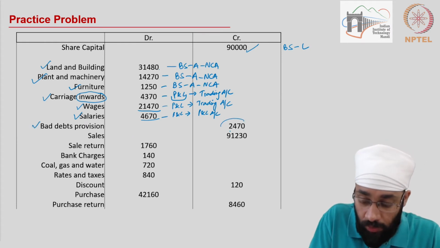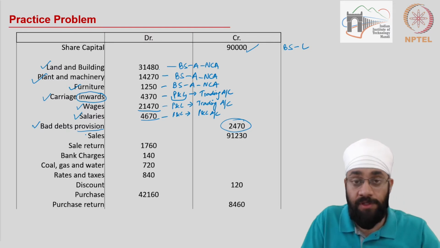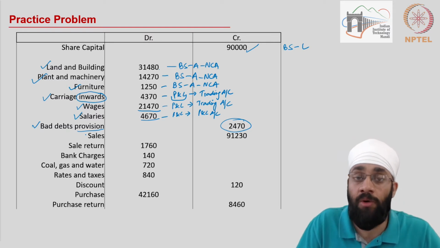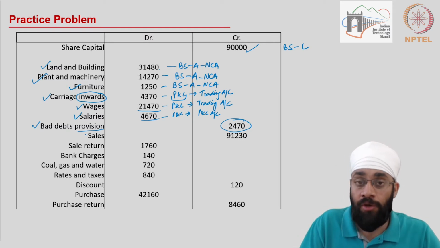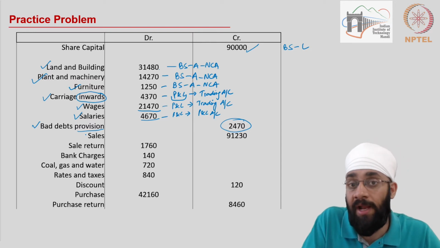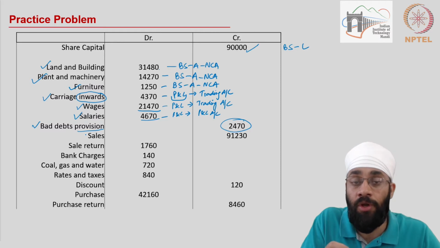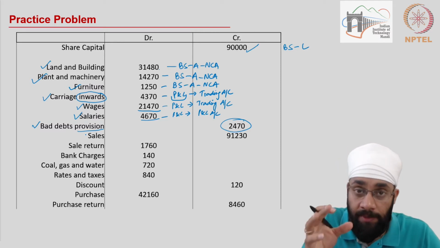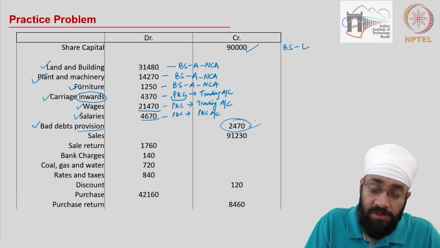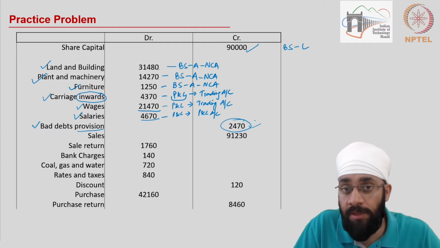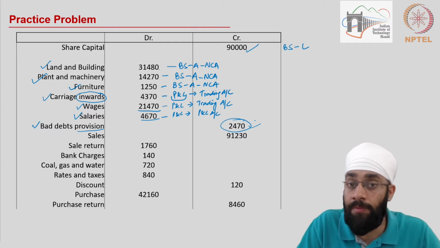Then you have bad debt provision. This is something new. A provision I have discussed before. Provision is when out of the reserves and surpluses, you take some amount and you fix that amount to be used in case of certain liabilities. Bad debt provision means it is possible in the future that some customers may not pay up.